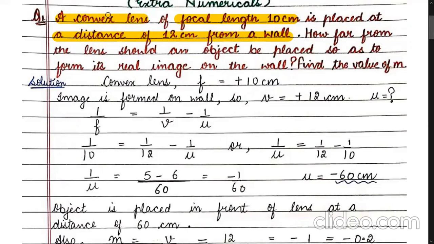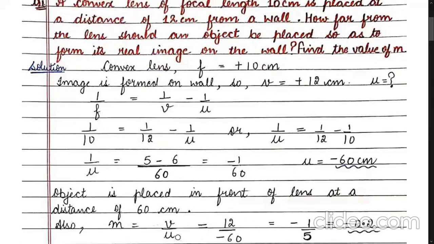So students, since it is a convex lens, our first step is we will write focal length as plus 10 centimeter. Now, this convex lens is placed at a distance of 12 centimeter from a wall.